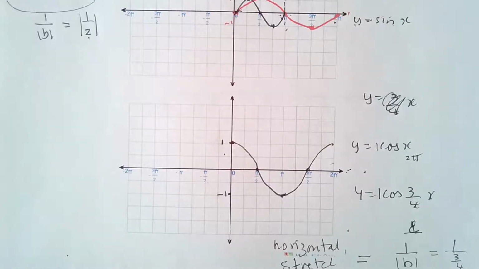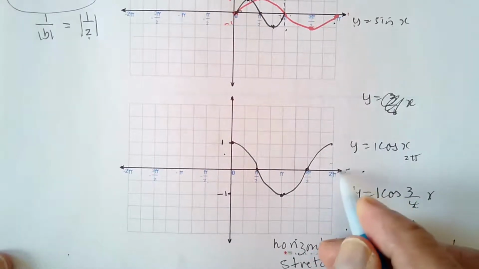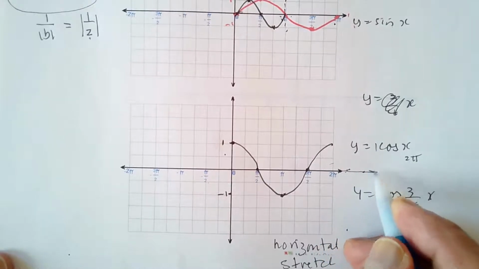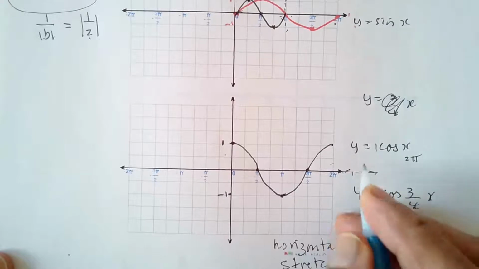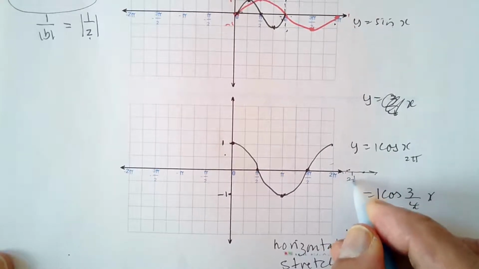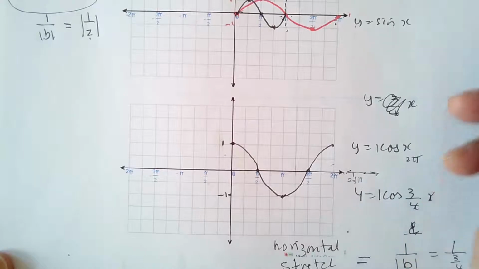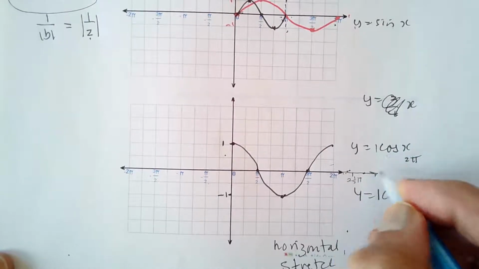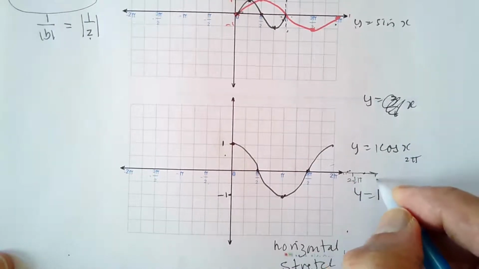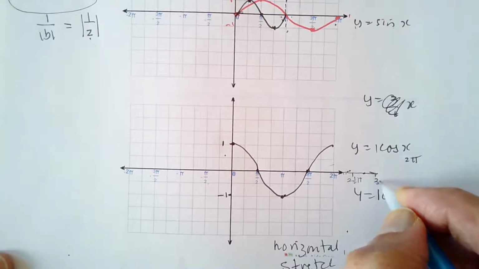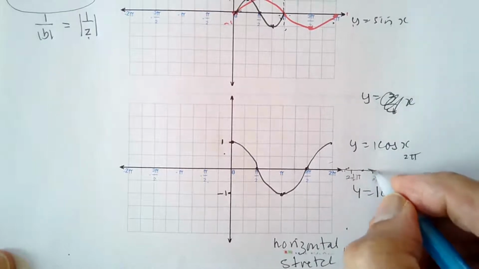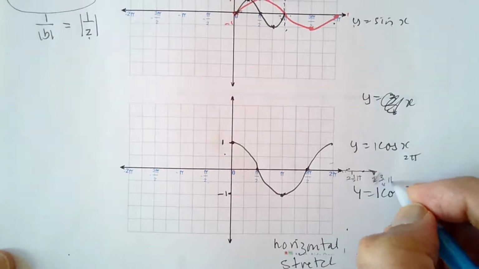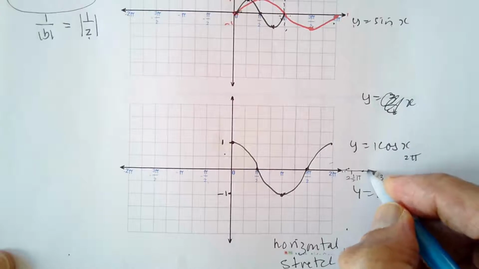So you have 2 pi here, extend this graph a little bit more, we have 2.5 pi, and 2 2/3 would be here.